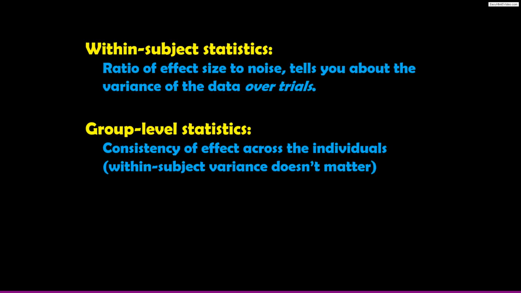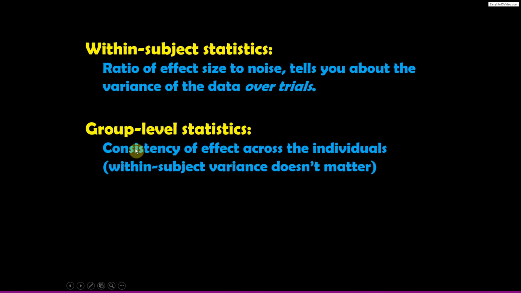At the within-subject level, what you're really concerned with is the relative size of the effect compared to the variance of the data over trials. So this is when you're doing statistics within a single individual.